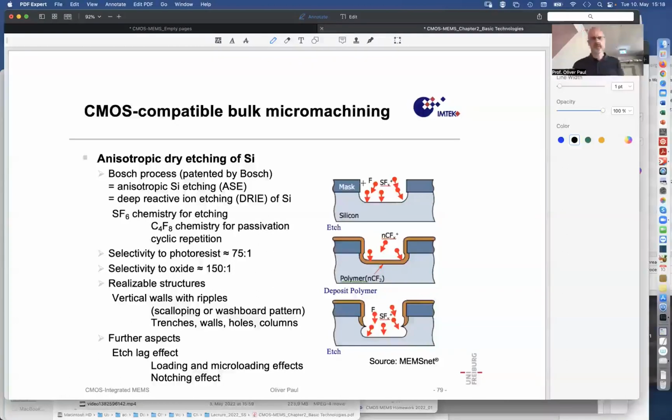And then there are some other aspects that technologists have to learn. So if you etch narrow holes or wide holes, so we have some protection layer up here, different. So this is the mask, and here we have the silicon. So this etching by the deep reactive ion etch process does not proceed with the same speed.